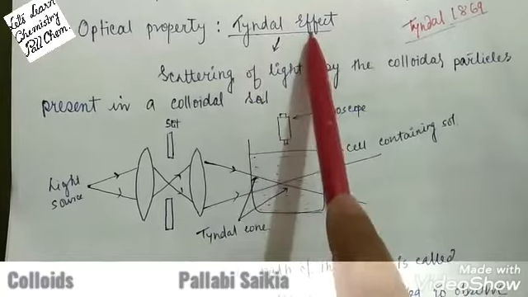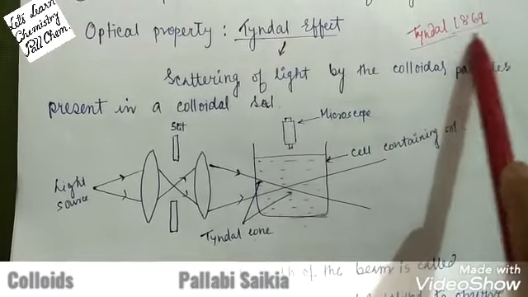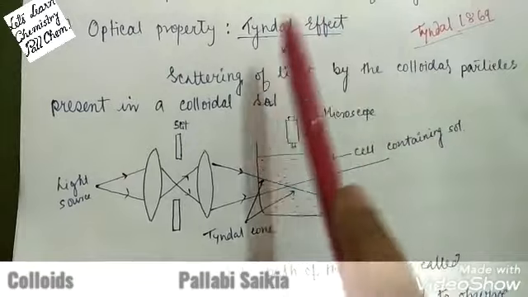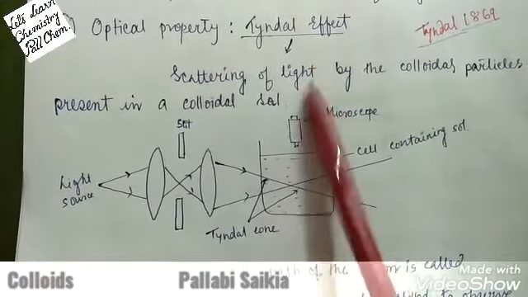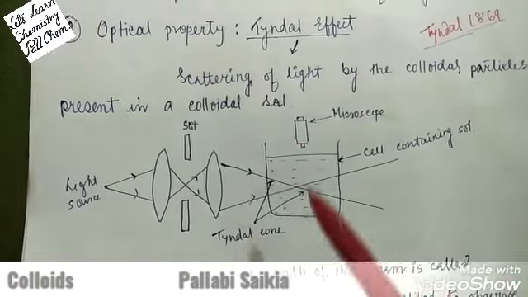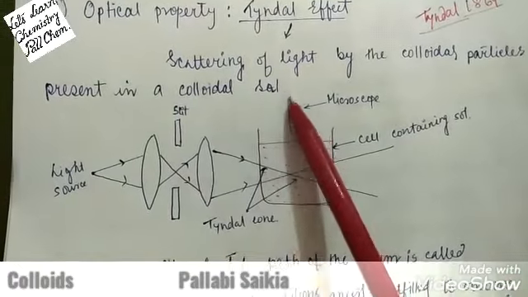Tyndall effect was first observed by Tyndall in 1869, hence the name. This effect is the scattering of light by the colloidal particles present in the colloidal sol.